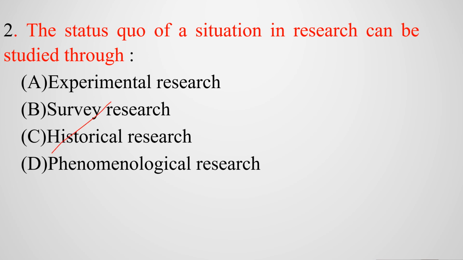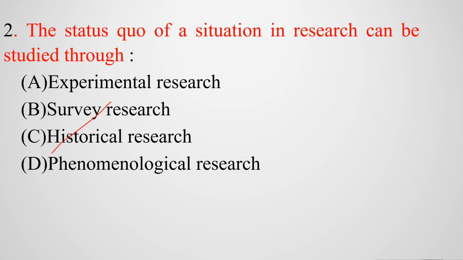The experimental research, in the first question we already studied, focuses on the scientific method used to investigate the cause and effect relationship between the variables. In this type of research, the researcher manipulates one or more independent variables to observe their impact on the dependent variable.